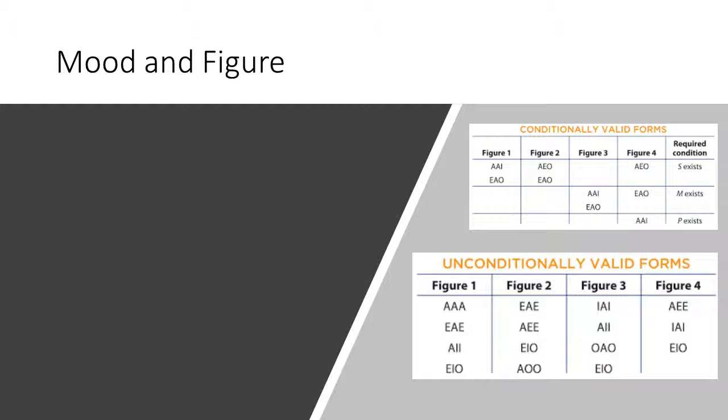Just valid, all of them. And any one of E1 is valid. If you memorized these, which would be a huge waste of time, so don't do it, and you knew the mood and figure, you could tell whether or not the argument was valid or invalid.